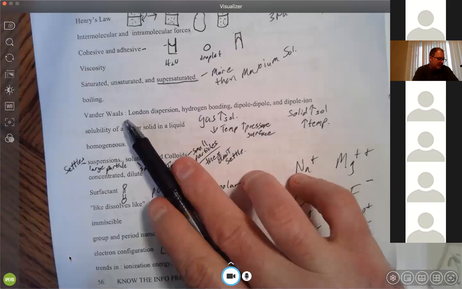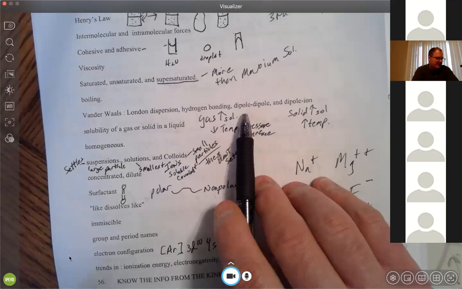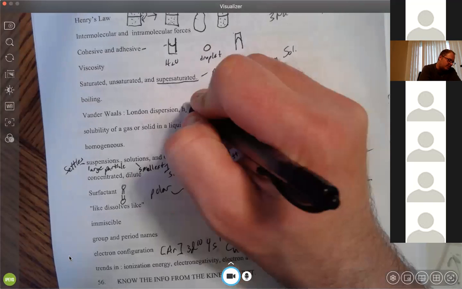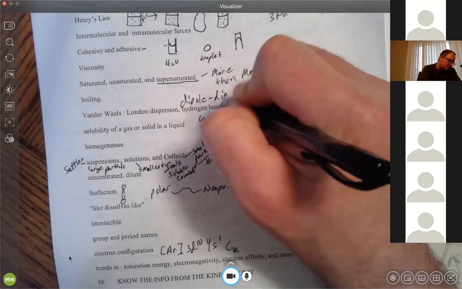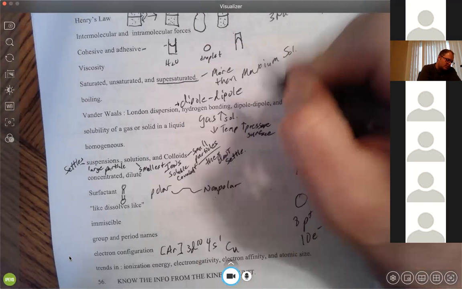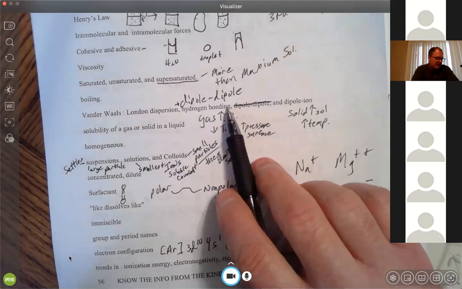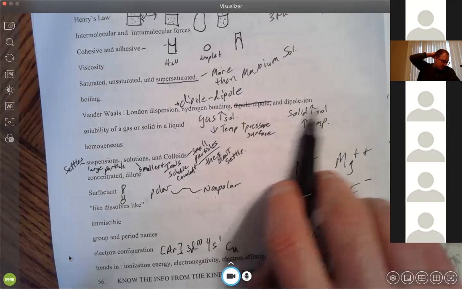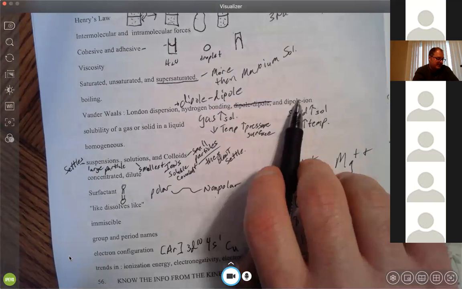So van der Waals forces, London dispersion, I would have put that differently. If we got London dispersion, dipole, then hydrogen bonding, and then dipole ion, maybe that's why, but that's increasing order of strength, strongest versus the weakest.